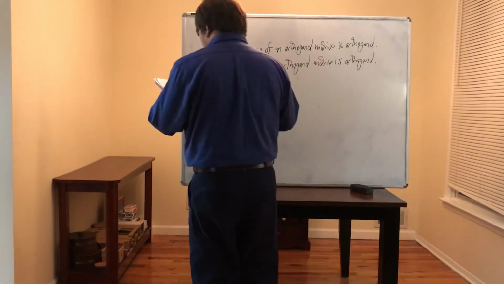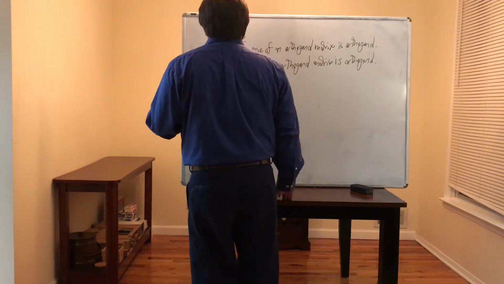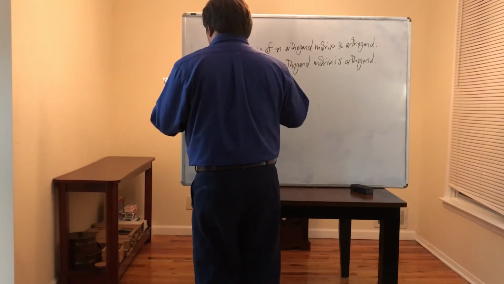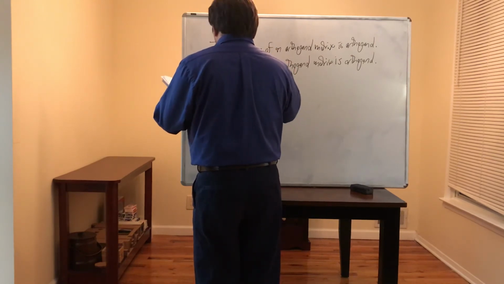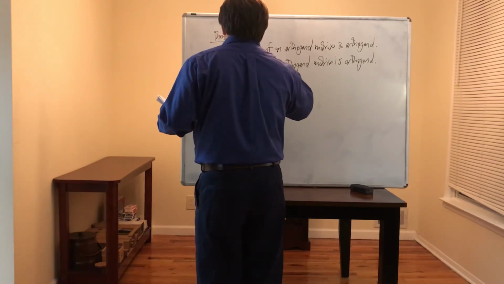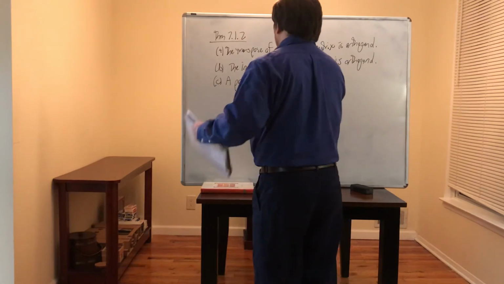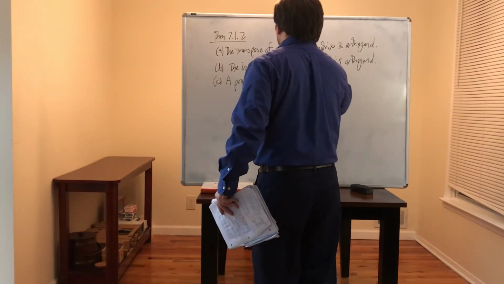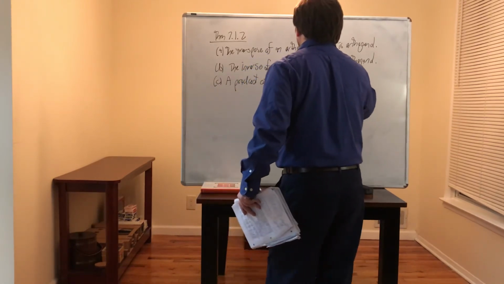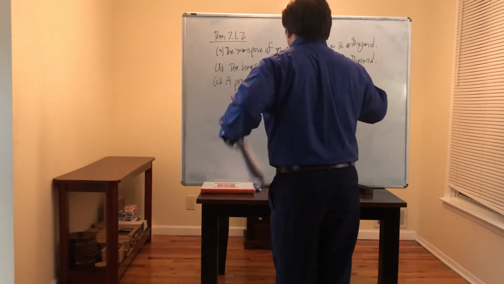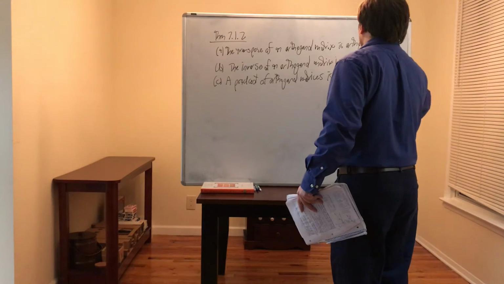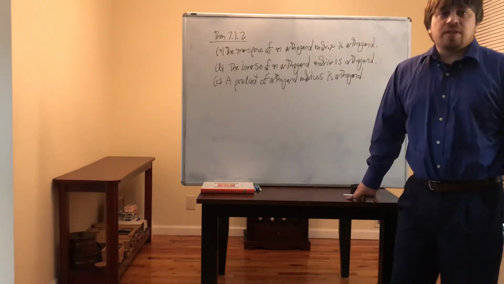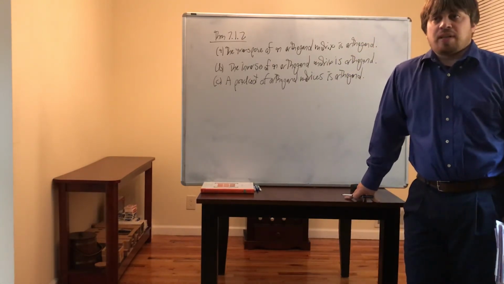That's statement B. Statement C. These statements are each true on their own. This is not saying they're all equivalent like the last theorem. Statement C, a product of orthogonal matrices is orthogonal. So if you multiply a bunch of orthogonal matrices, the result is another orthogonal matrix.